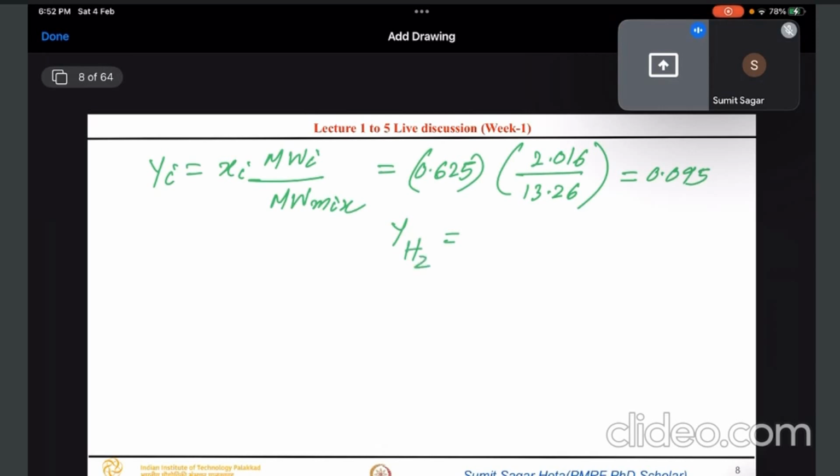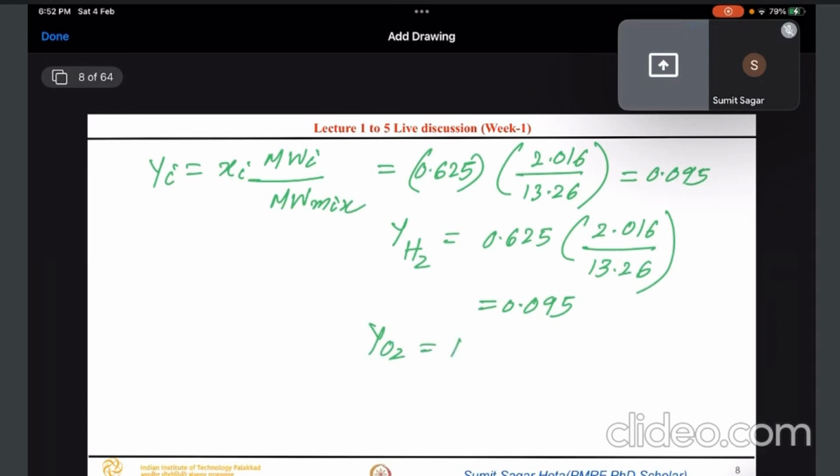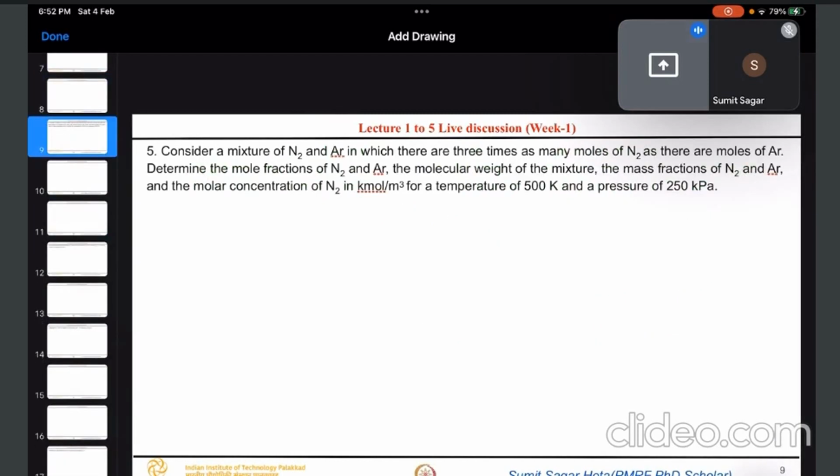Y of H2 is equal to 0.625 times 2.016 divided by 13.26, which is 0.095. So what is now y of O2? 1 minus y of H2, 0.905. Okay. So now this is done. Let's go for the next question.